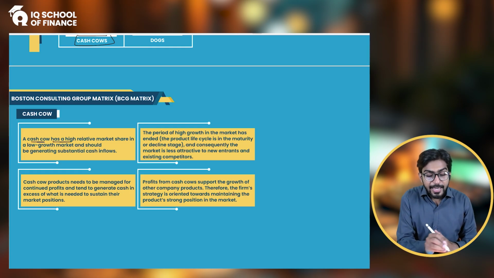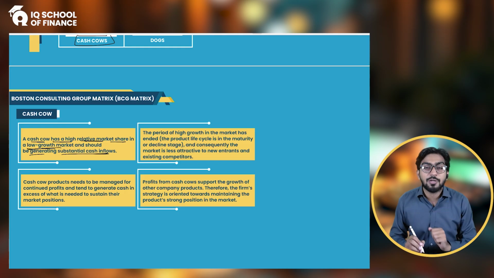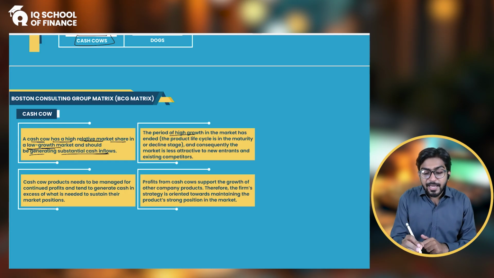A cash cow has a high relative market share but low market growth and should be generating substantial cash inflows. It will give you cash inflows because you will not invest too much in this product. The period of high growth rate has ended. The life cycle is maturity.